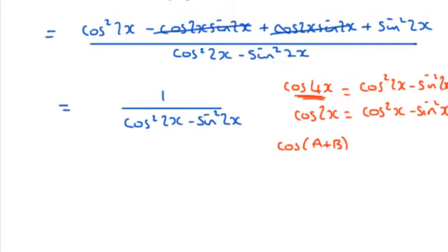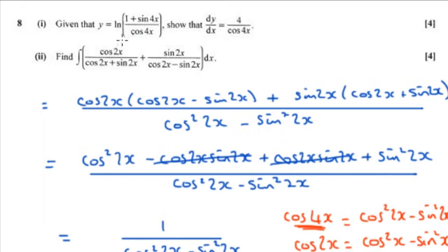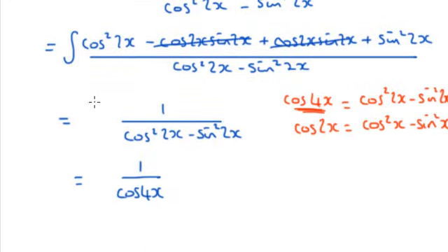So we can now just change that denominator to cos 4x. So that's a really important step. So we've taken it all the way from all of this mess. We're going to be wanting to integrate these, and ending up here. But how do we integrate that?